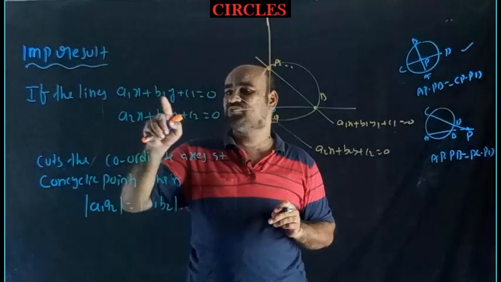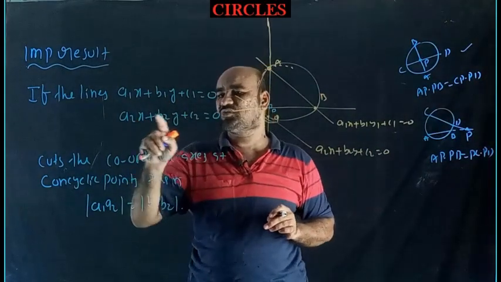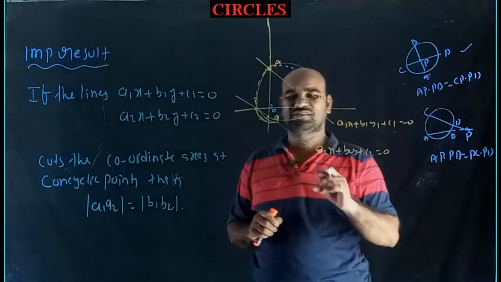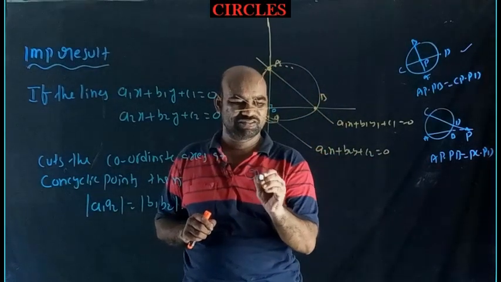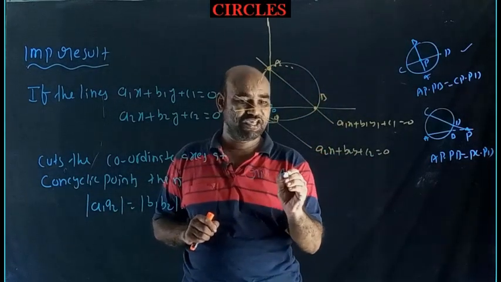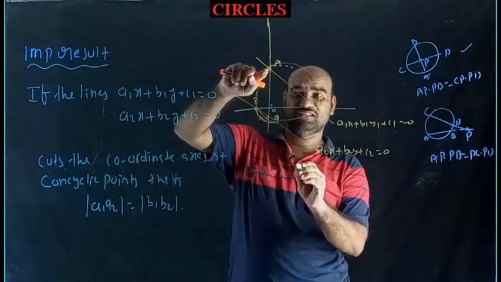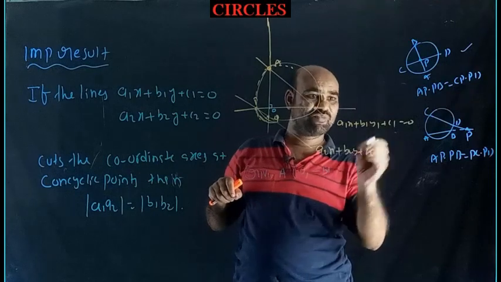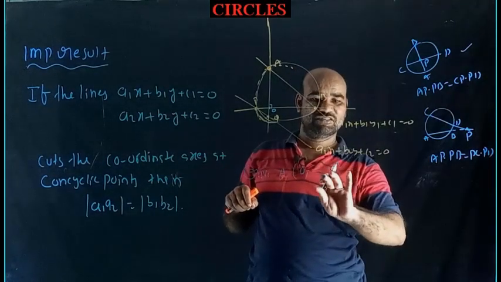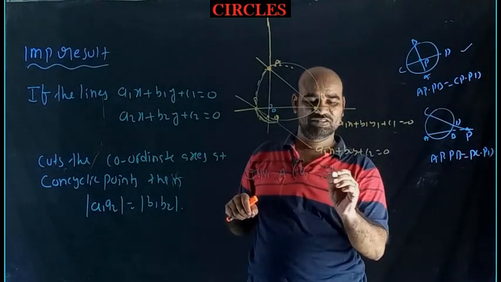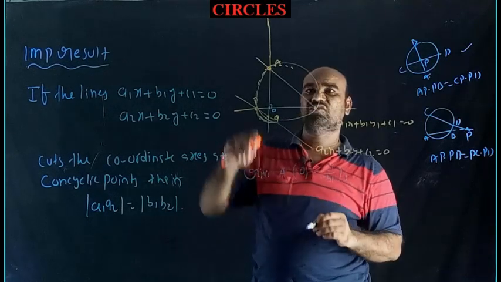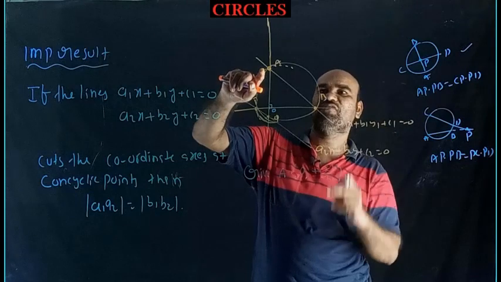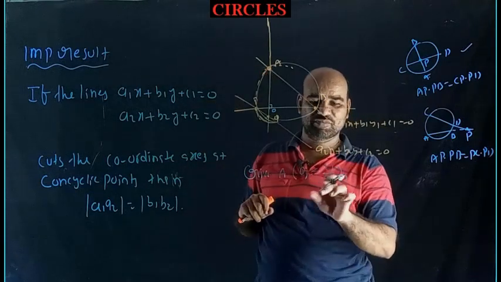So a1x plus b1y plus c1 equal 0, a2x plus b2y plus c2 equal 0 intersecting the coordinate axes at concyclic points. Given A, what is this? A means 0 comma minus c1 by b1. Understood? Here put x equal 0, then we get y, that is the y intercept.